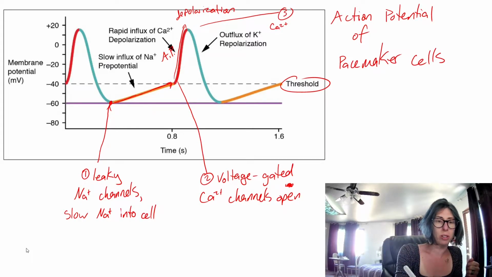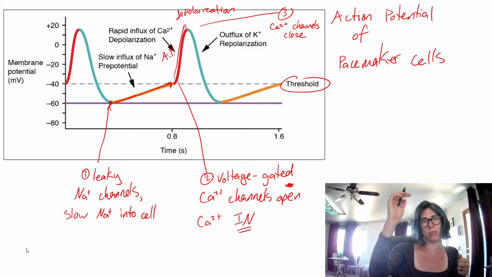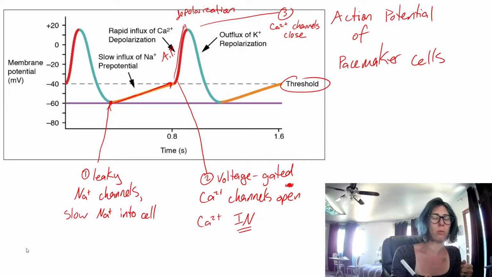calcium channels close. And I should mention, let me go back to number 2. Calcium comes in. Calcium in. So once you reach a certain charge, once the action potential is high enough, the calcium channels will be stimulated to close and the potassium channels will open.